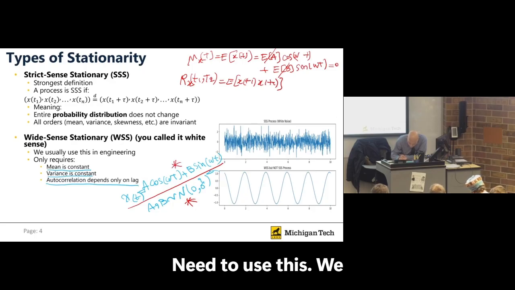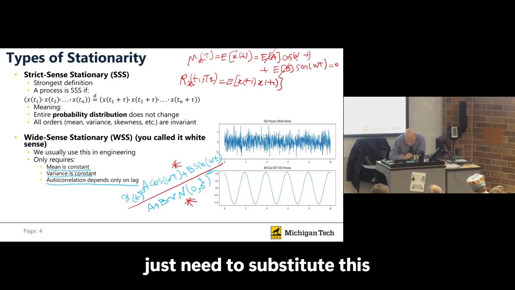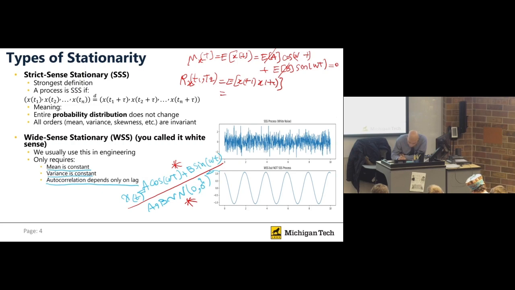We just need to substitute this inside, and we're going to get the expected value of A cos of omega t1 plus B sine of omega t1, and the product of this with A cos of omega t2 plus B sine of omega t2.